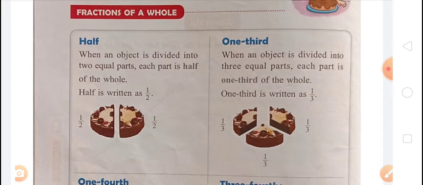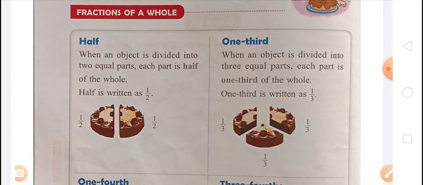You know that when you color the kite, each equal part is a fraction of the kite, and a fraction is a part of a whole object. Let's take the example of Harpal's birthday cake.